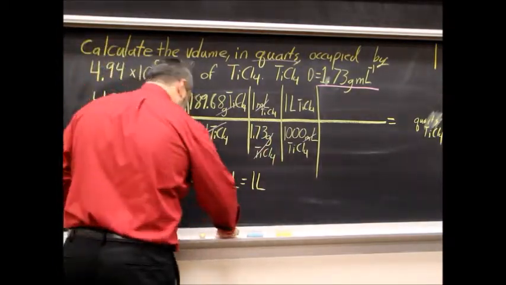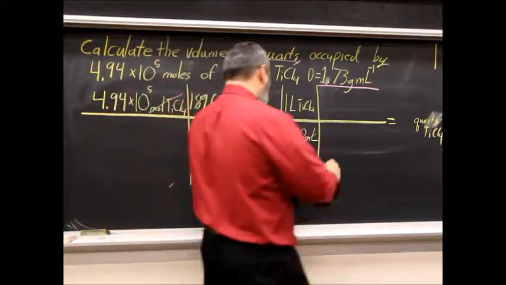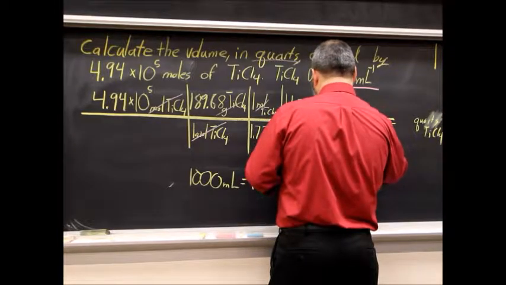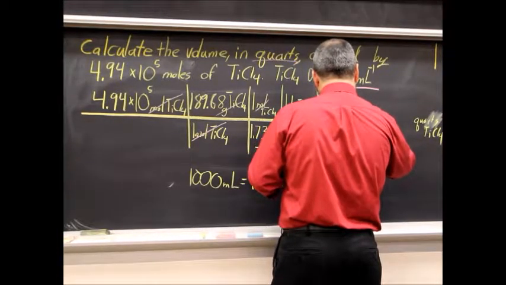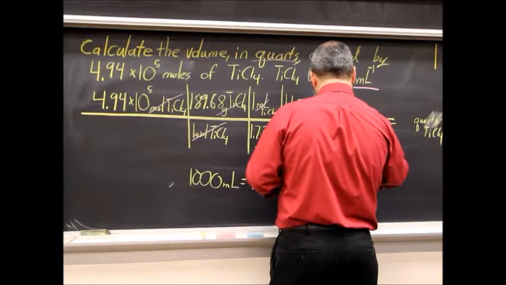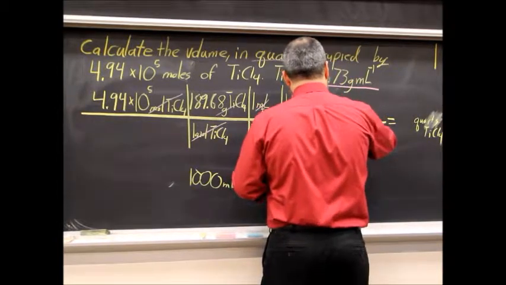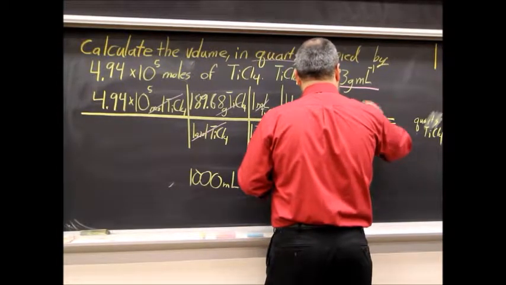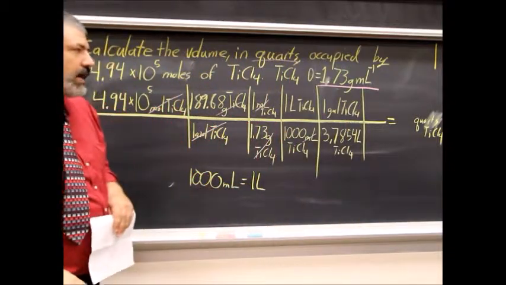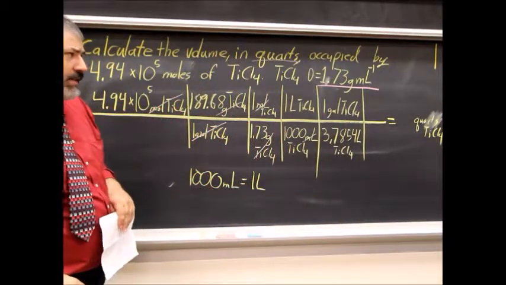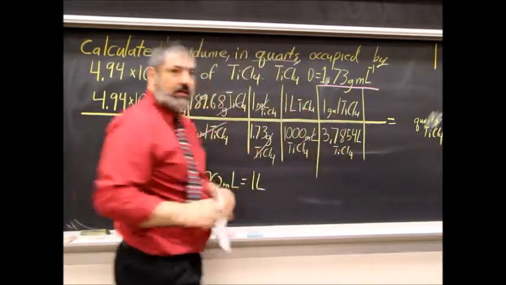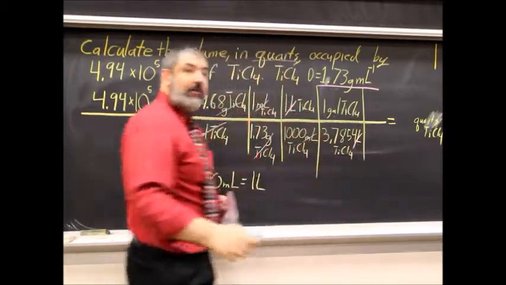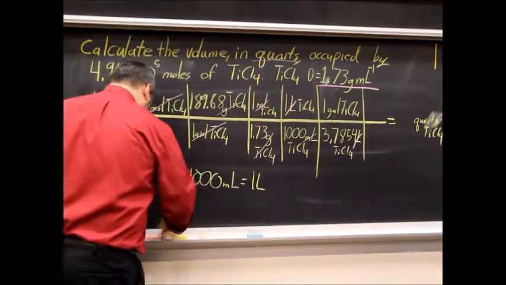Now we can use that relationship, again, that you were given, that 3.7854, plenty of sig figs, liters of titanium tetrachloride is equivalent to 1 gallon of titanium tetrachloride. Liters cancel, we're in gallons, and we're so close.